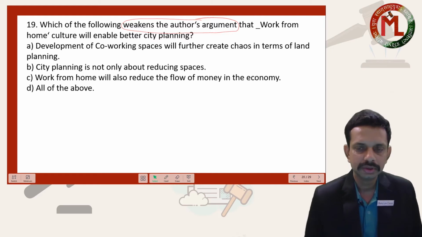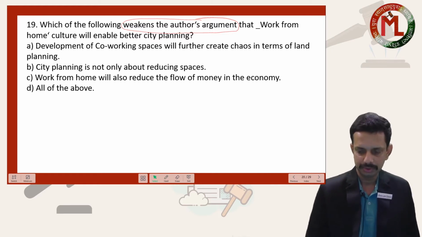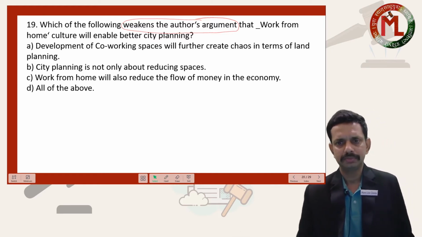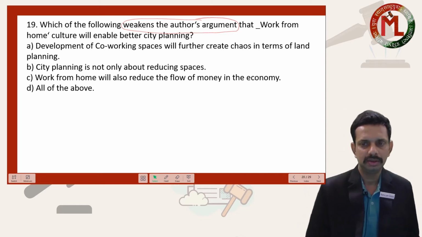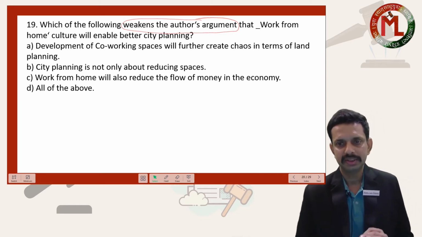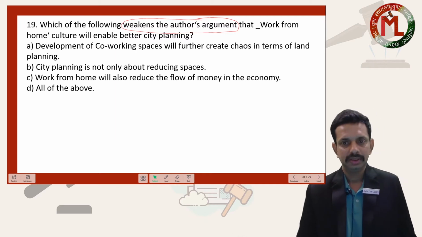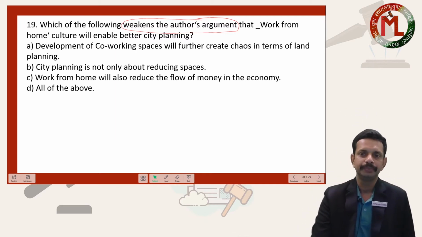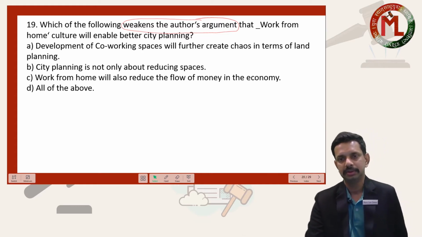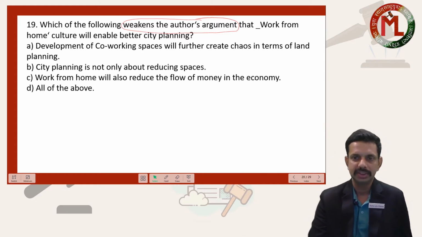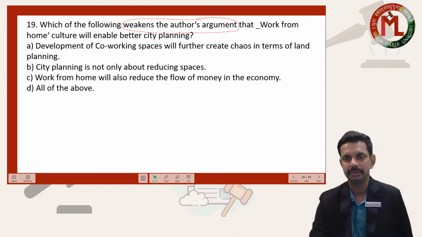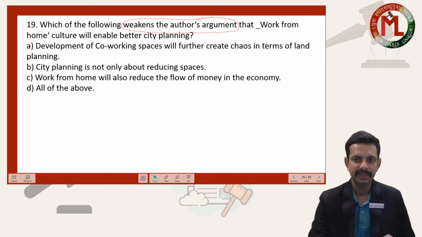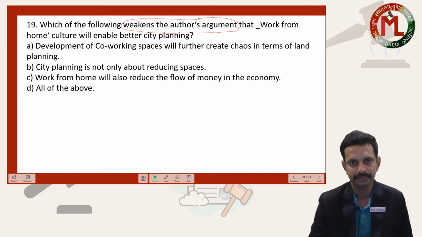So out of these 20 questions, we have seen that about 8 to 9 questions are based on strong and weak arguments. To understand which statements can make an argument strong or weak, we need to understand the basic structure of the argument.